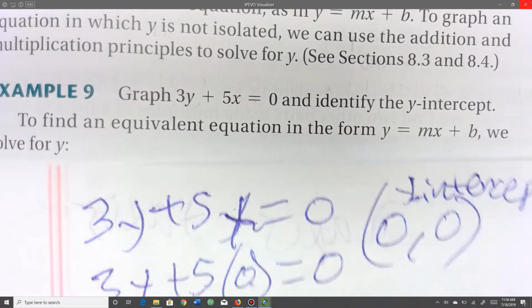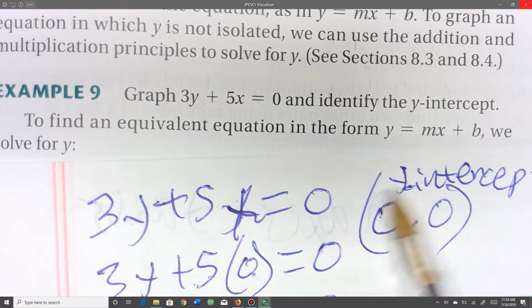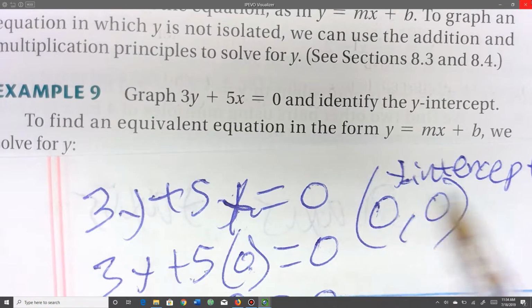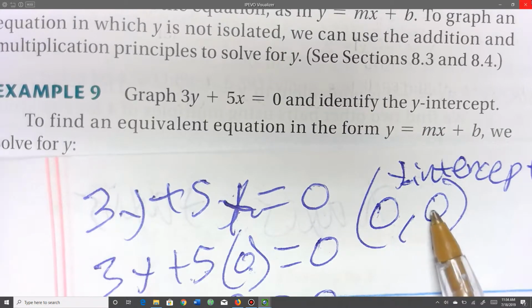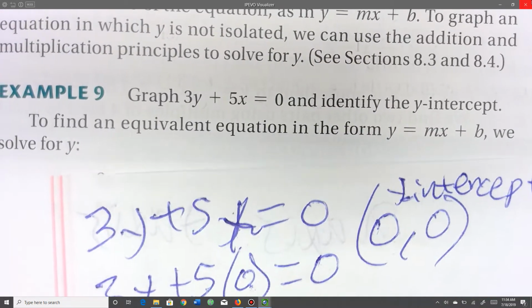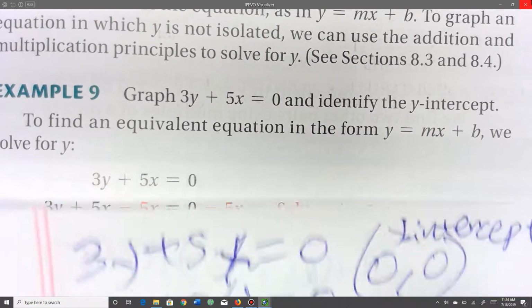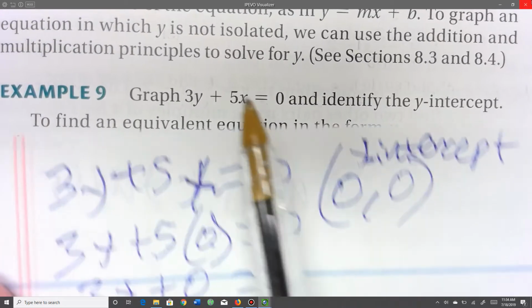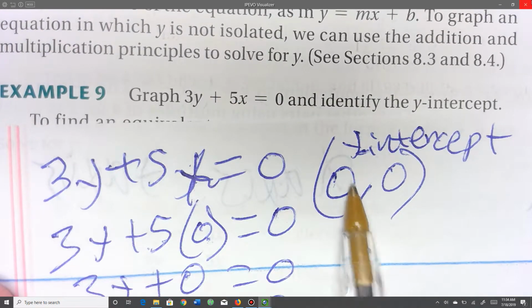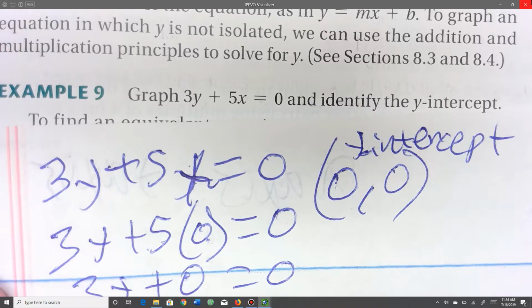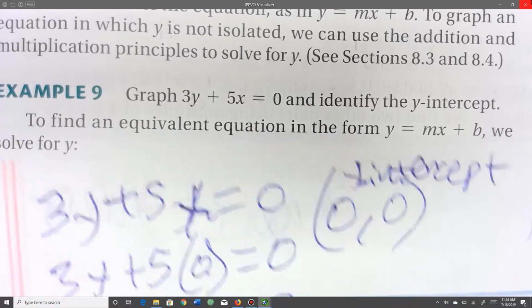Notice that we didn't have to do all the work. We didn't have to find points and plot the graph and everything. We went from here to here in one step, and that gave us our y-intercept.